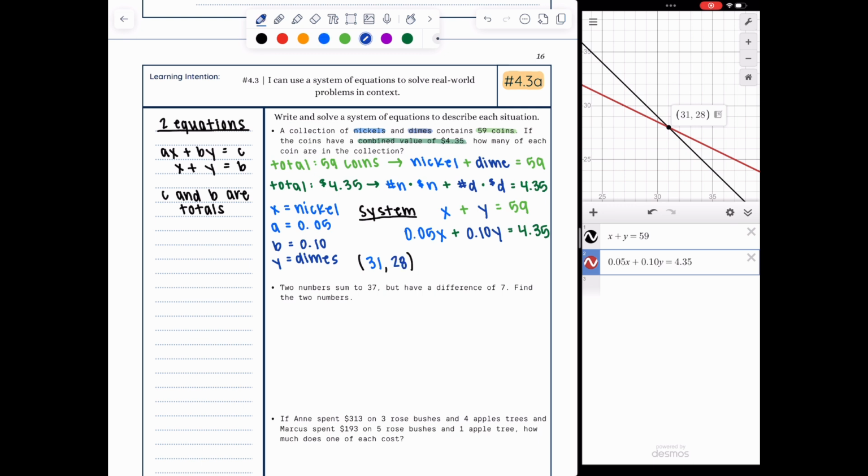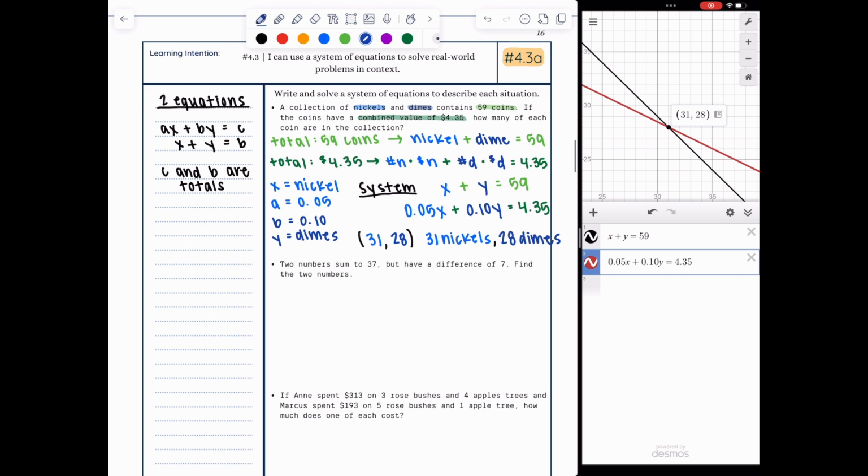Next, I just have to break both of those numbers down and figure out how many of each coin there is. I chose for X to be nickels, so 31 is in the X coordinate position of the ordered pair for 31 nickels. I chose for Y to be dimes, so the number in the Y coordinate is 28, which tells us that in this collection there are 28 dimes.